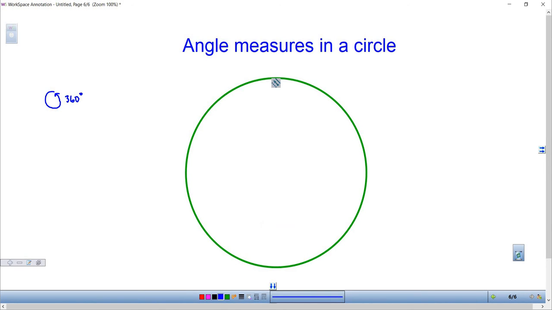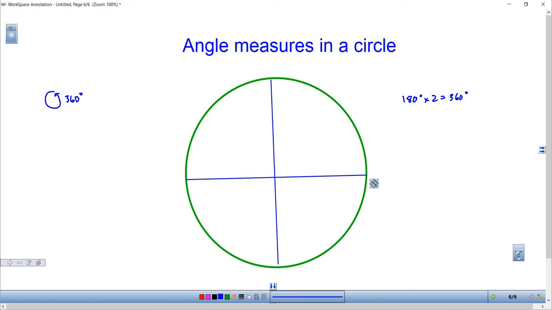So let me get a solid line here. If I go right like this and I divide it in half, this would be 180 degrees on this side, and this would be 180 degrees on that side. 180 plus 180, or 180 times 2, would be 360 degrees. What about if I then take my circle and I go straight across, like so?